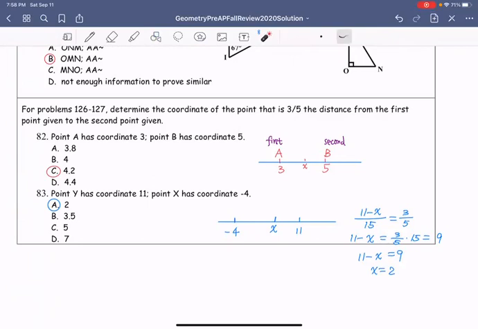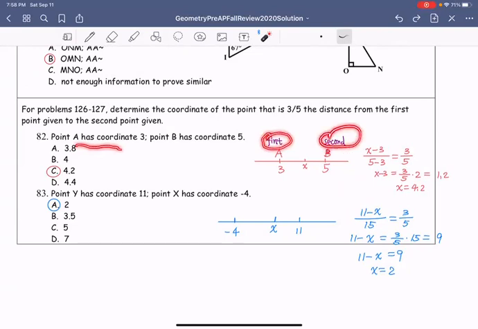So A is 3 and B is 5. To determine the coordinates of the point, that is 3/5, the distance from the first point to the second point given, right? Yes. So look, this is the first point.